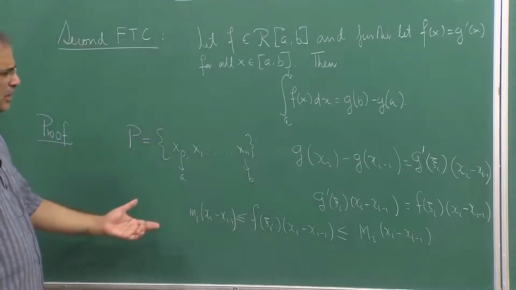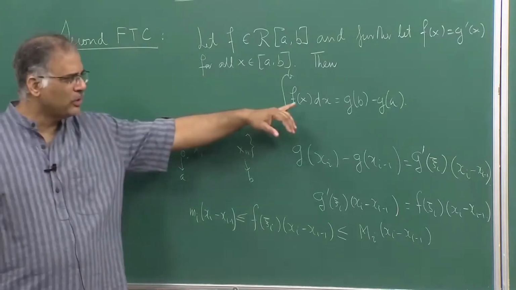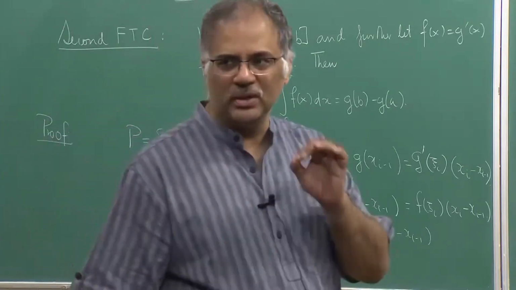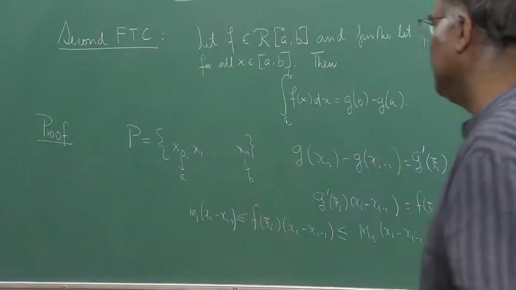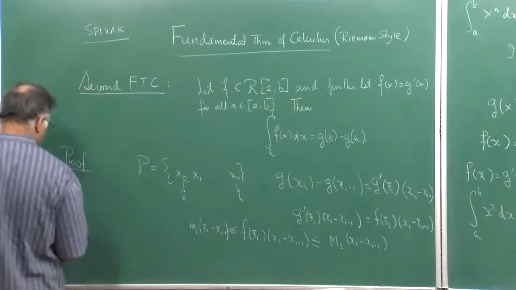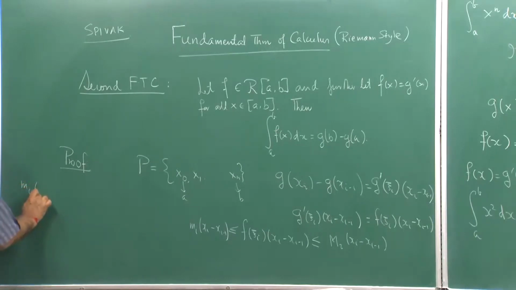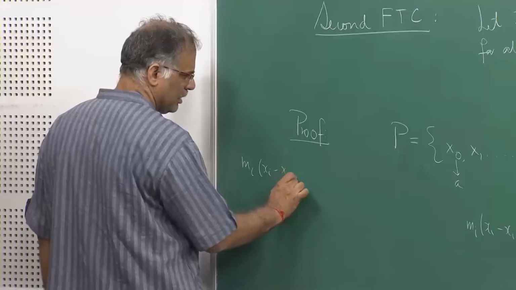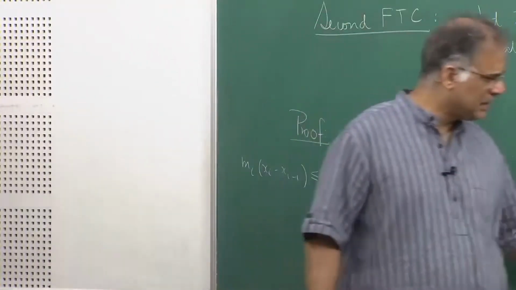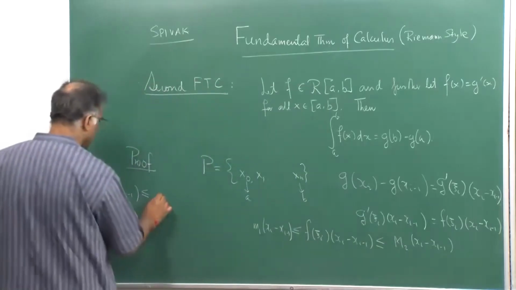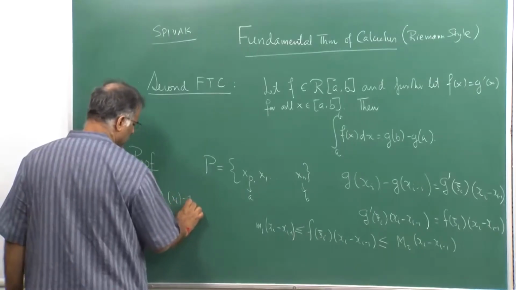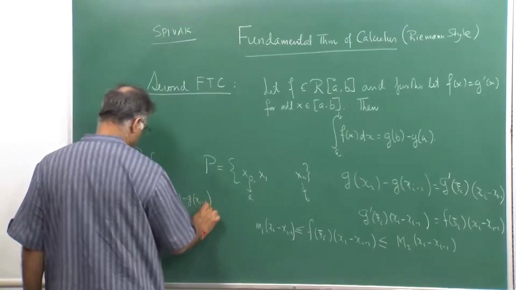So, what we are showing here is that even if I have continuity of f, I need not use the continuity of f, I can only use the integrability of f, that's just the thing. So, once I have this, I have m_i (x_i minus x_{i-1}) less than or equal to, now this is equal to this and this is equal to this, g of x_i minus g of x_{i-1}.